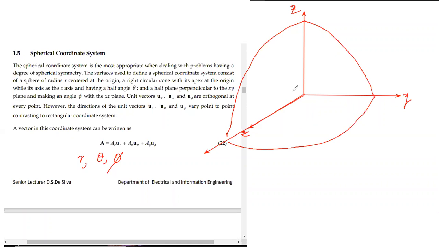I will refer to this type of sphere to locate any point.